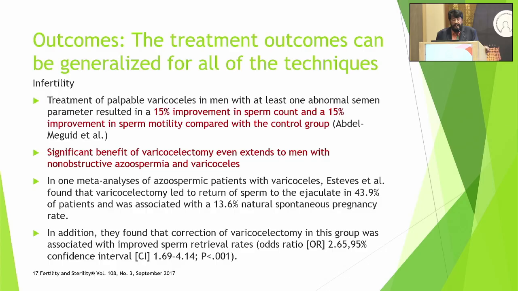In one meta-analysis of azoospermic patients with varicocele, Esteves found that varicocelectomy led to return of sperm in the ejaculate in 43.9% of patients with 13.6% natural pregnancy rate. In addition, they found that correction of varicocele in this group was associated with increased sperm retrieval rates. So, even in non-obstructive azoospermia, varicocelectomy has got a role.